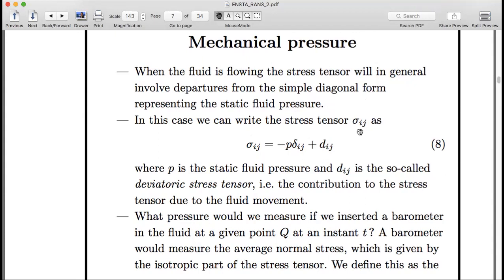So that's what's going on physically, and mathematically we always use our stress tensor to represent these internal stresses in a fluid. In general, we can break this tensor into an isotropic part, a part just along the diagonal with a constant value along the diagonal.